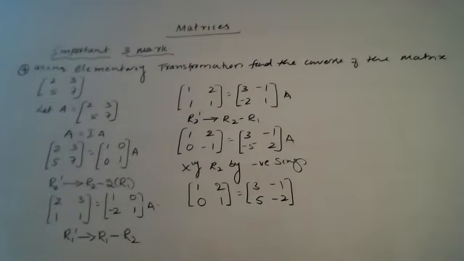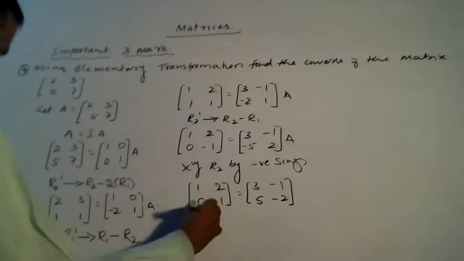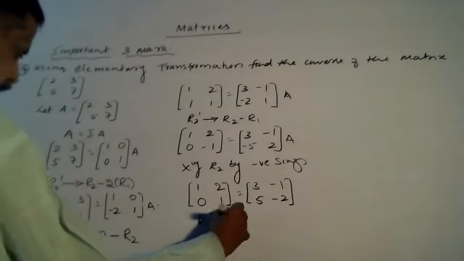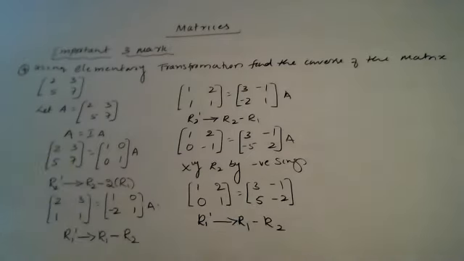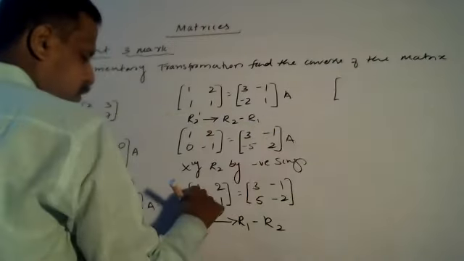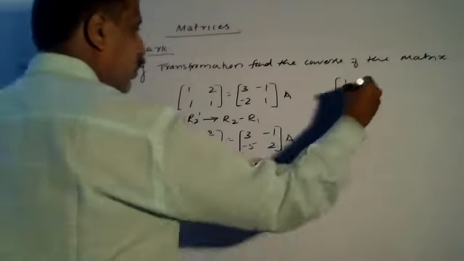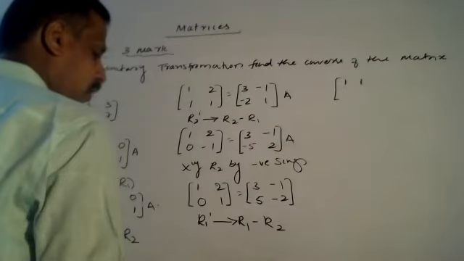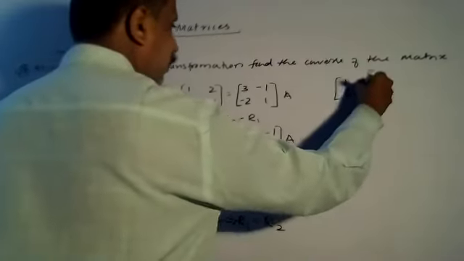Now R1 dash changes to R1 minus R2. So here you see, students, 1 minus 0, 1. 2 minus 1, 1. Then 0, 1.